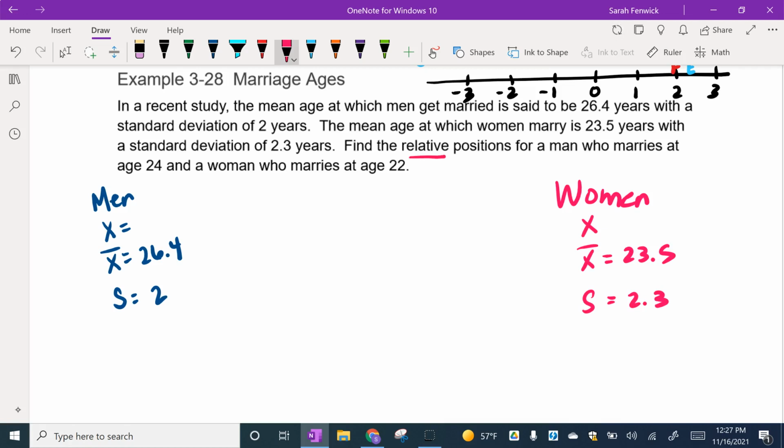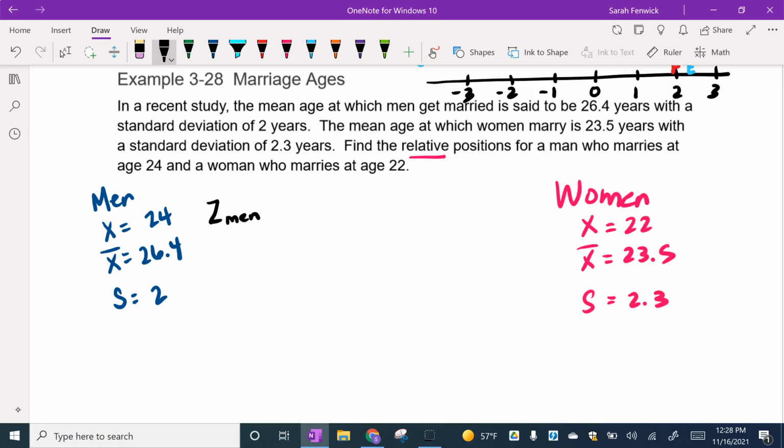This is find the relative positions, which are z-scores, for a man who marries at age 24, that's the actual data, and a woman who marries at age 22. Well, a lot of people are going to say, well, obviously the woman is younger than the man. Yes, she is. That is correct. However, when we talk about relative to the data, we have to do our z-score.